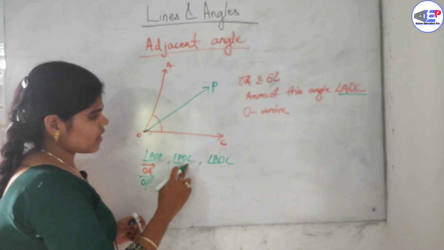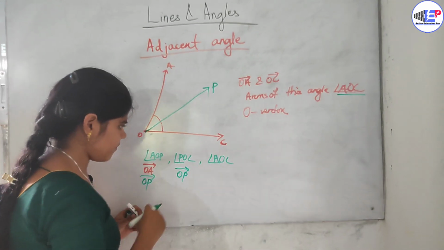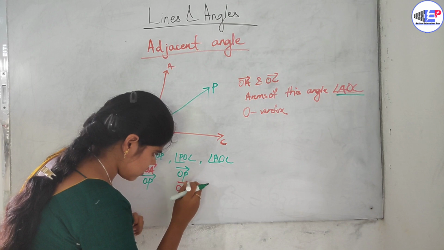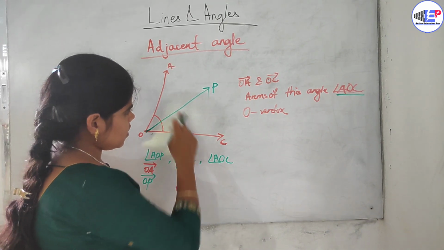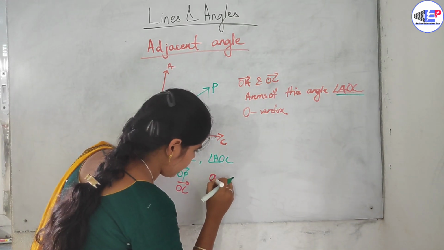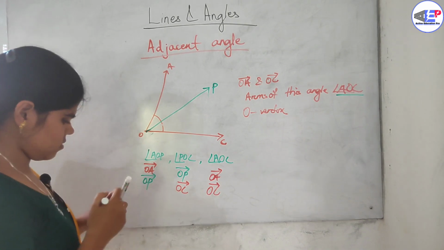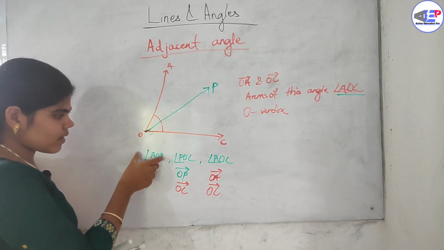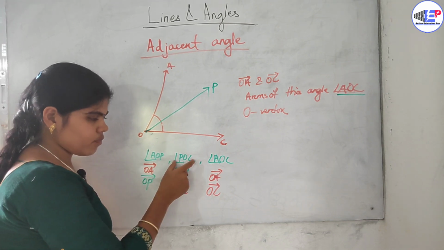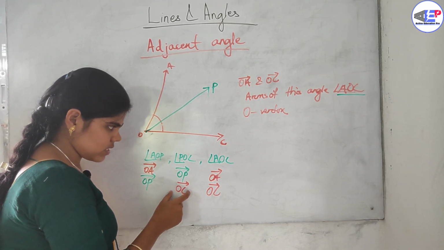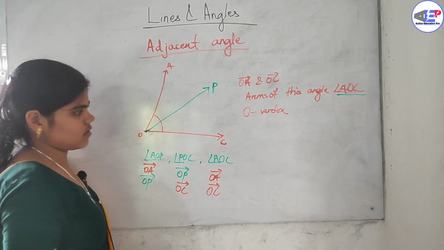Similarly, in angle POC, OP is the green ray and OC is the red ray, and in angle AOC, OA and OC are both red. To make angle AOP we need rays OA and OP. For angle POC, rays OP and OC, and for angle AOC, rays OA and OC.